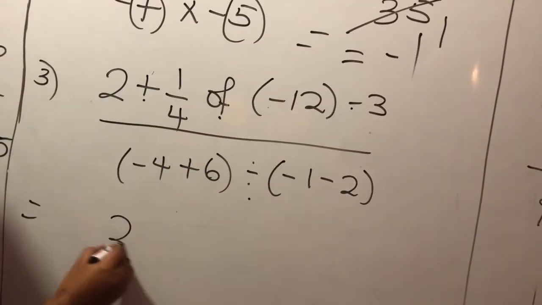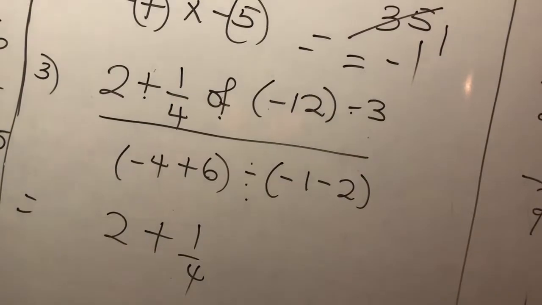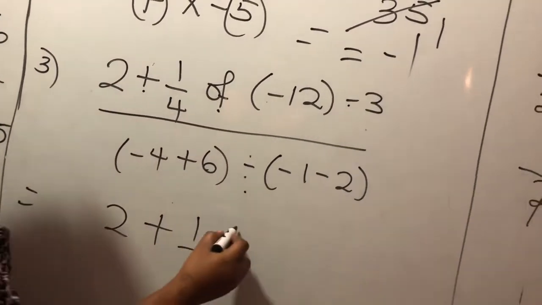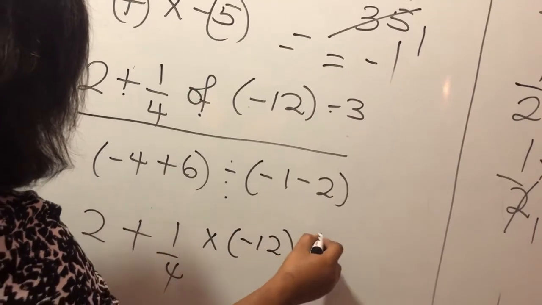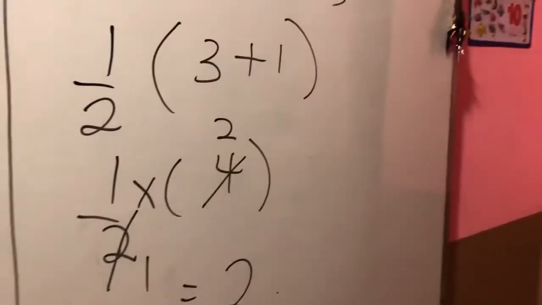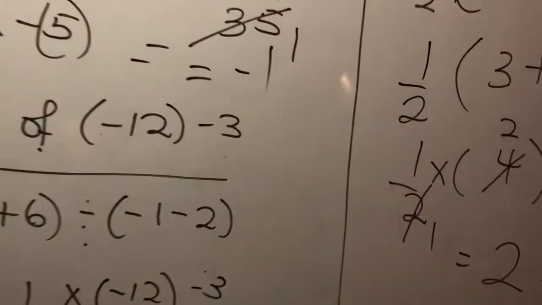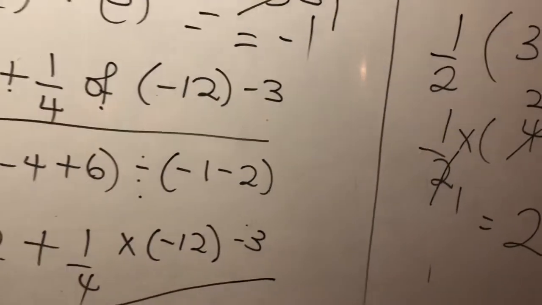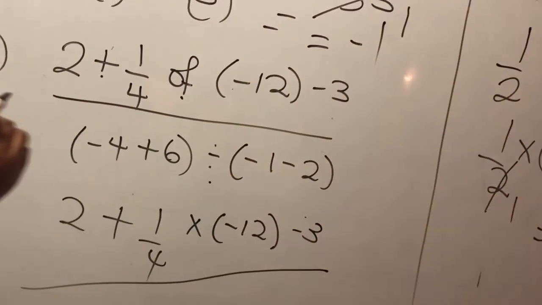Now we come down and tell the teacher that 1 over 4, of is the same as what? Multiplication. So times, then you have the negative 12. Is it minus 3? Okay, so minus 3. Then let's do the bracket here: 4 minus 4 plus 6.